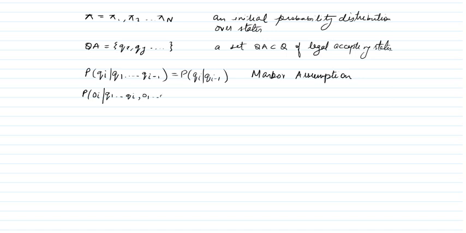This is written as P of oi given qi. So at a particular instant of time i, the observation depends solely on the state. This is called the output assumption.